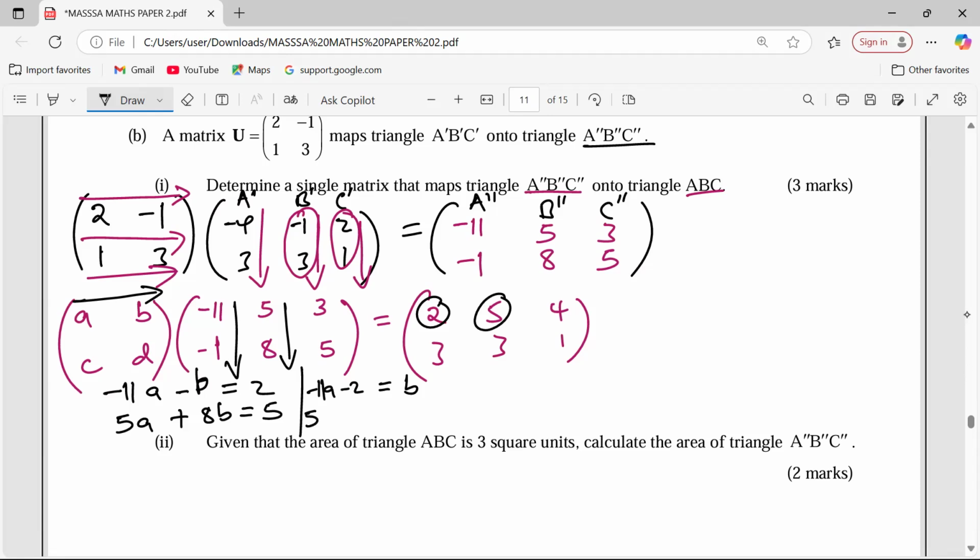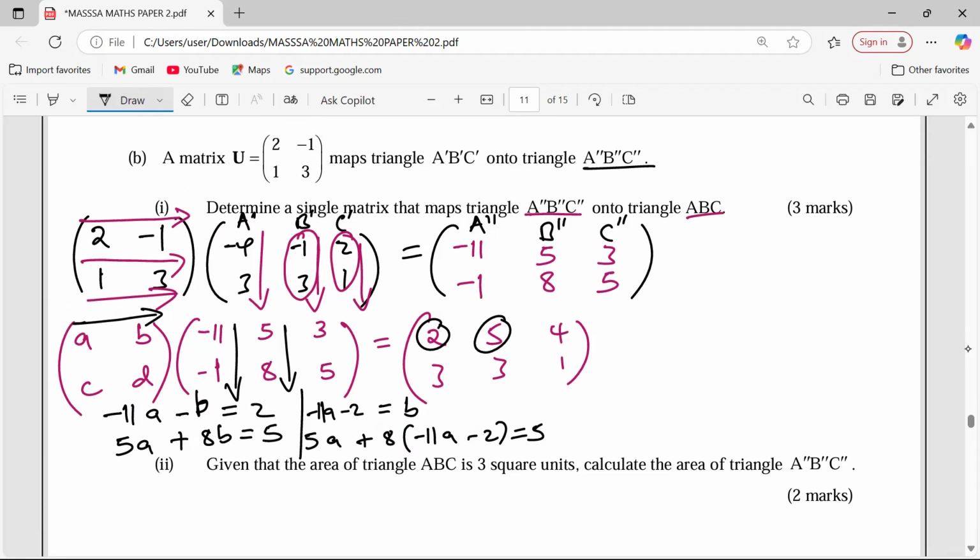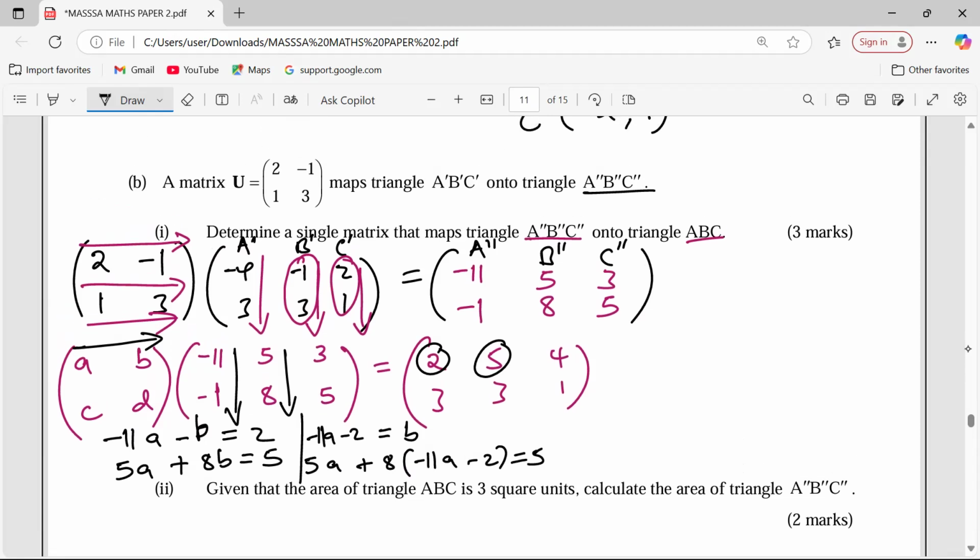So the second equation can be rewritten now, substituting b. So 5a plus 8 into negative 11a minus 2 equals 5. That way, we can now group terms together. 5 and negative 88.